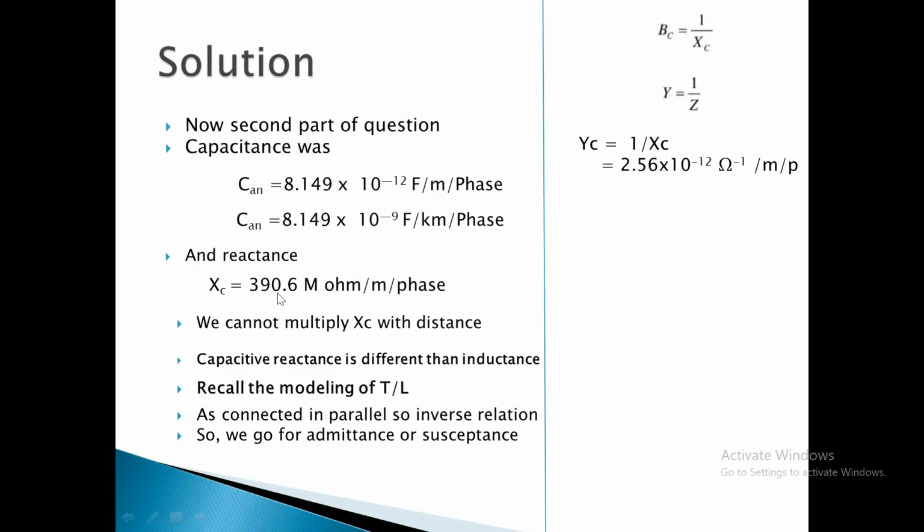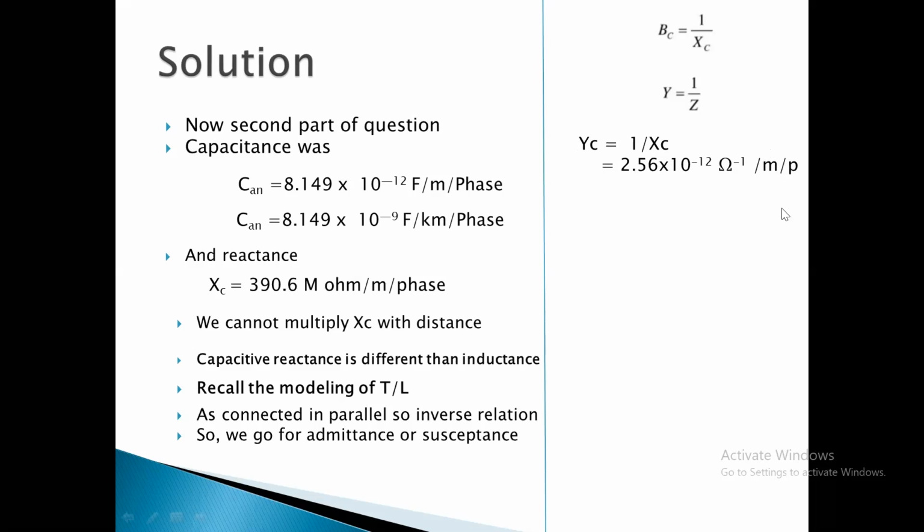I will put the value of 390.6 mega ohm per meter per phase here, and I will get the value of YC as 2.56 multiplied by 10 to the minus 12. The unit of admittance is ohm inverse, sometimes called mho. We write it as ohm inverse per meter per phase.